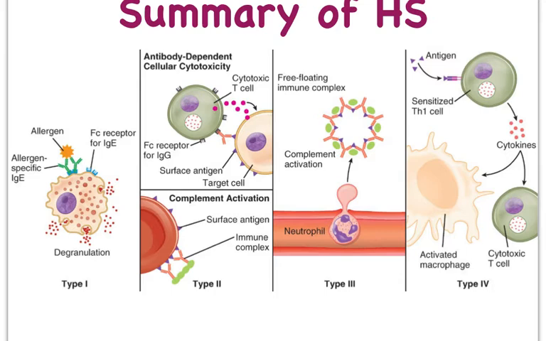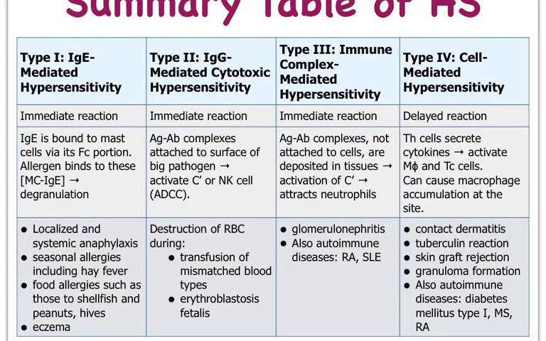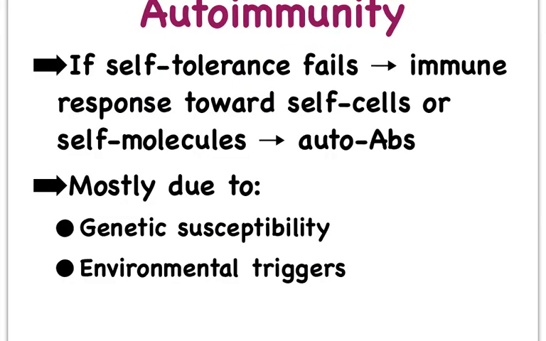I want to note that for type 2 here, we do not have listed the third form of type 2 where we discussed myasthenia gravis, for instance. And here you have some nice tables comparing the 4 hypersensitivities to help you study all of this material better. And that leads us into autoimmunity.